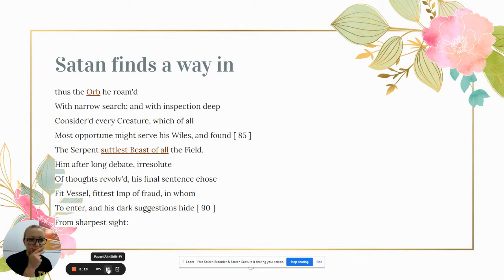So, as I was saying, this is straight away this theme of deliberate deception. He looks around, his final sentence: chose, fit vessel, fittest imp of fraud, in whom to enter, and his dark suggestions hide from sharpest sight.